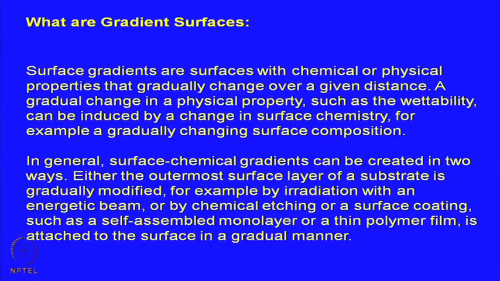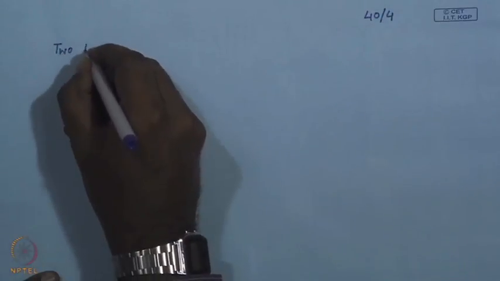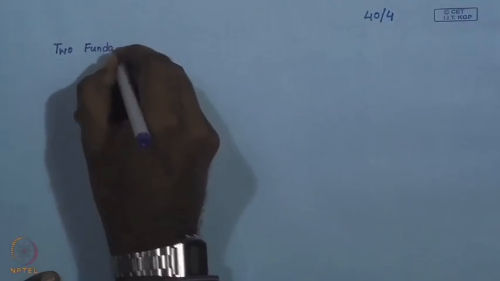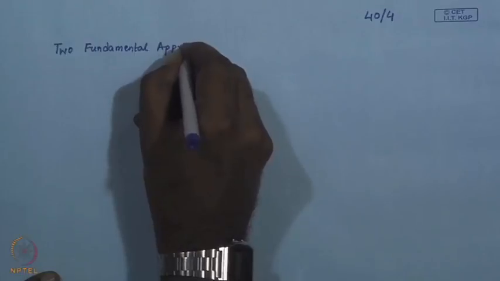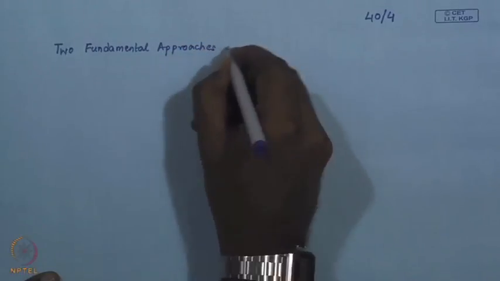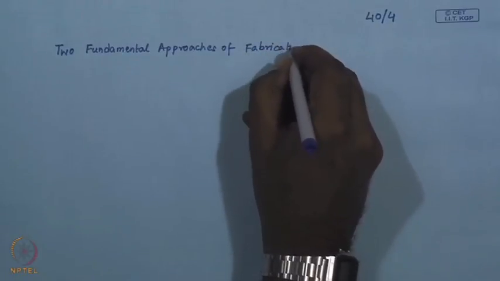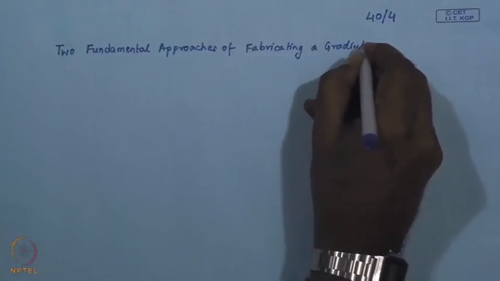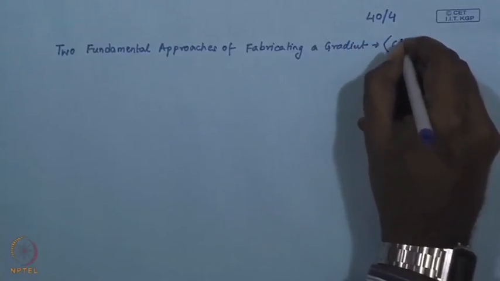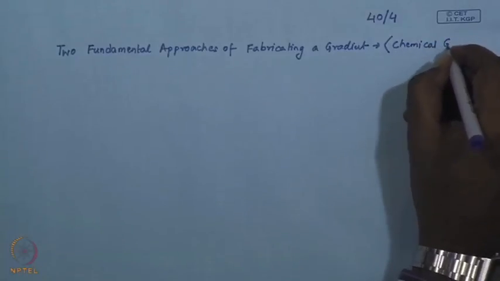So, there are essentially two approaches to fabricating a gradient, mostly a chemical gradient, but these approaches can also be valid for a topographic gradient.